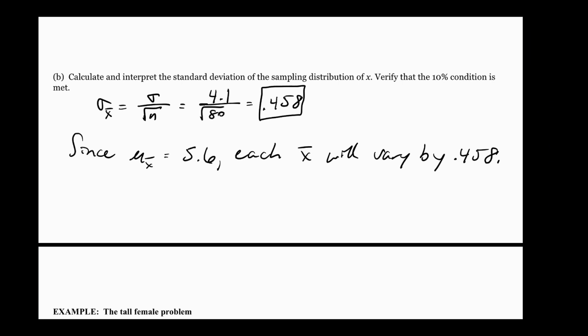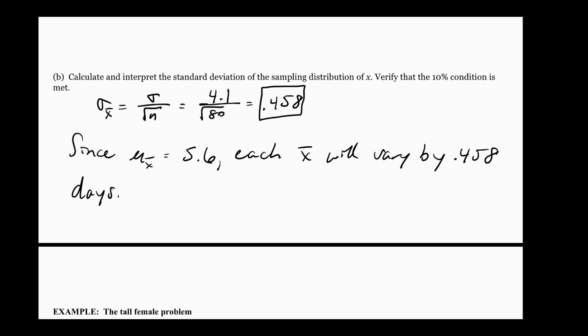So if I took just one sample, it might be 5.6, it might not be, but on average, it's going to vary by a little less than half a day. I should put days for that one. Okay.